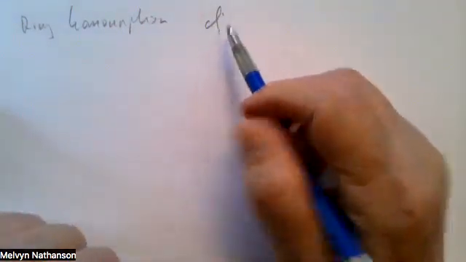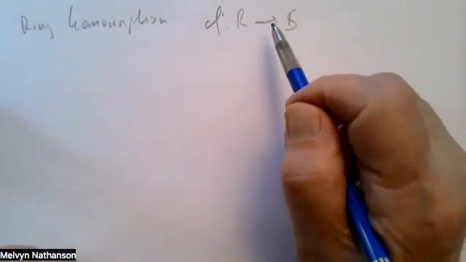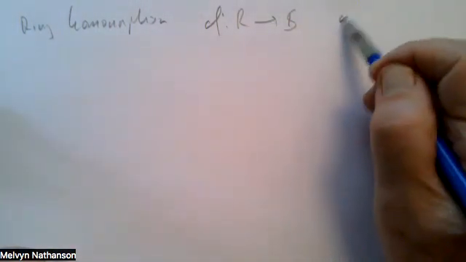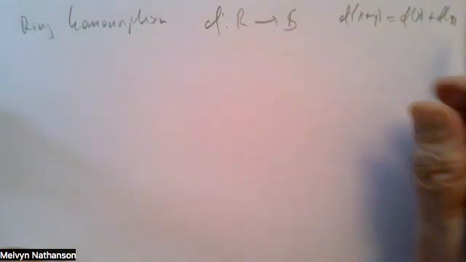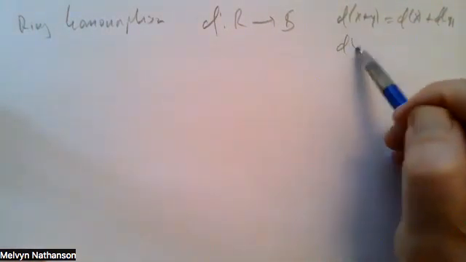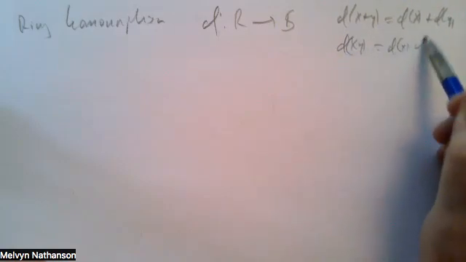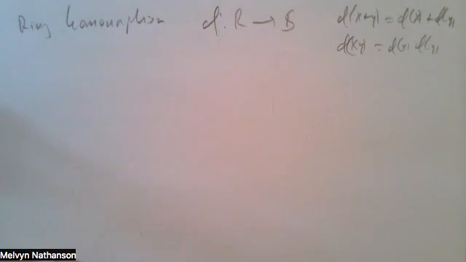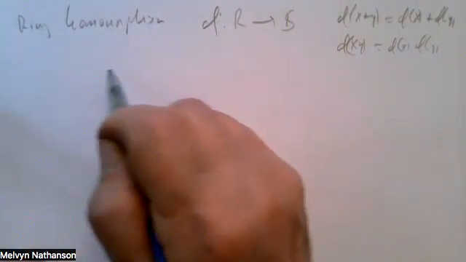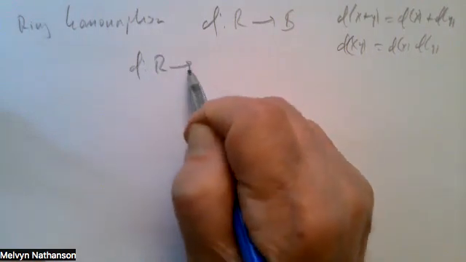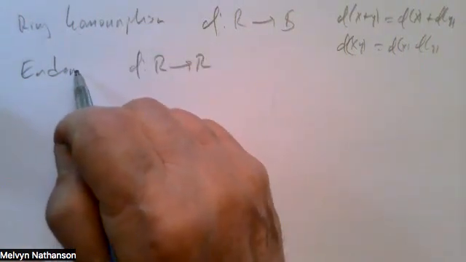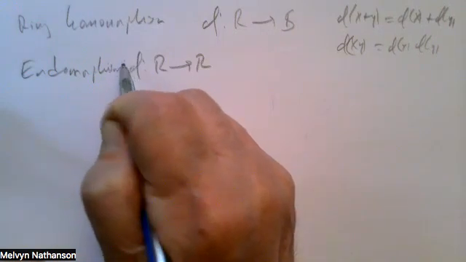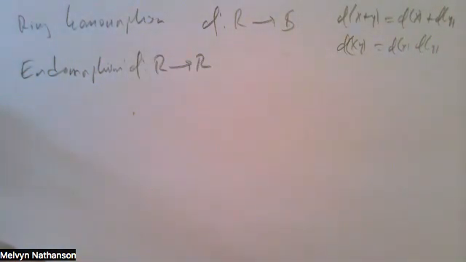A function phi from a ring R to a ring S is a ring homomorphism if phi of x plus y is phi of x plus phi of y for all elements x, y in the ring R, and phi of x times y is phi of x times phi of y for all elements x, y in R. And sometimes you have a homomorphism from a ring into itself, which has its own special name. It's called an endomorphism.